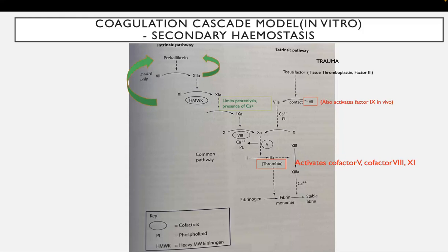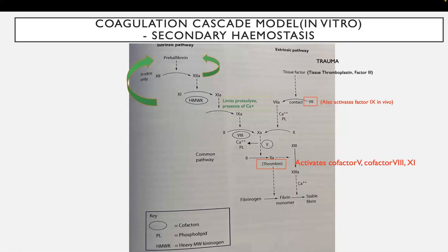Factor 12 will then activate factor 11 with the use of a cofactor, high molecular weight kininogen. And this activated factor 11 will activate factor 9 until you get to your complex, which is your tenase complex.